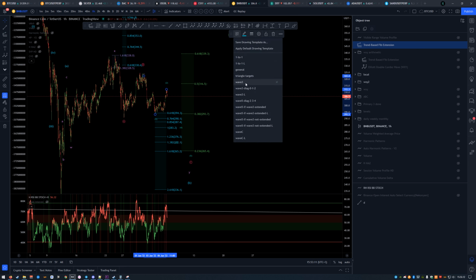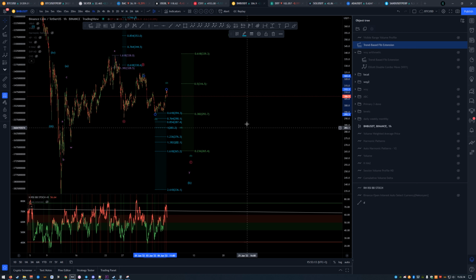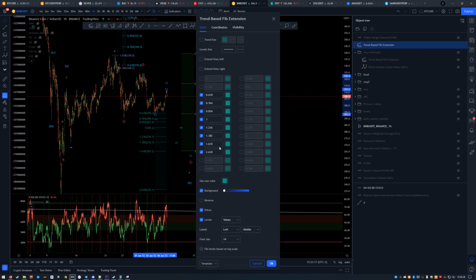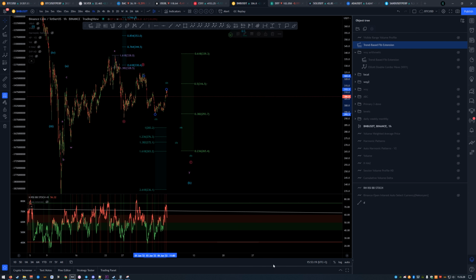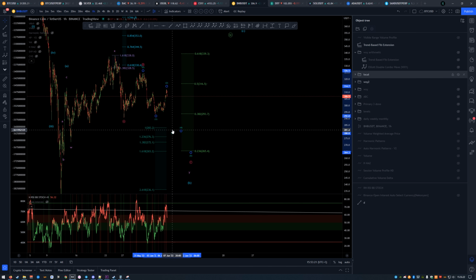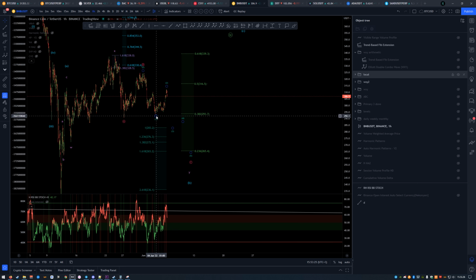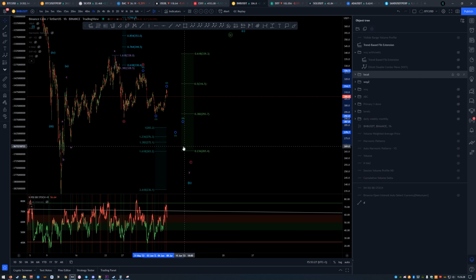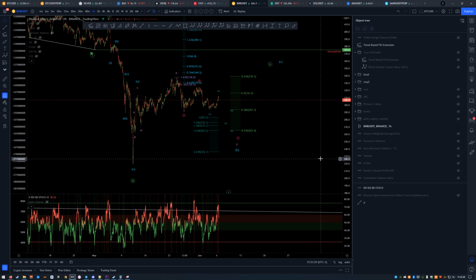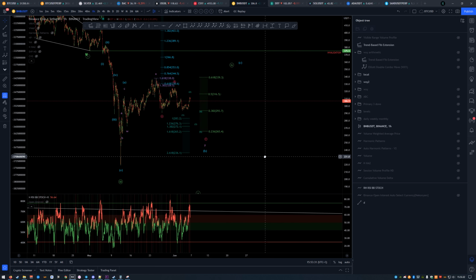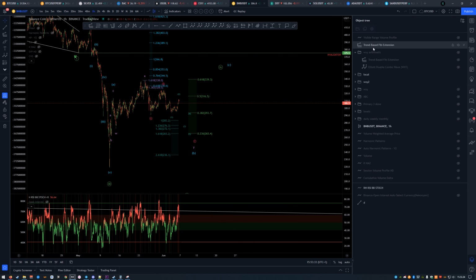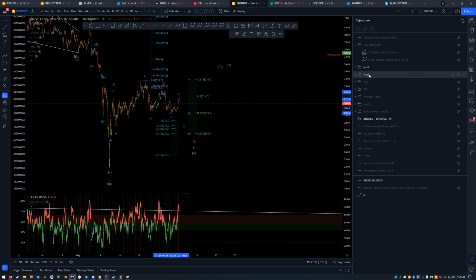So I would actually think that we would almost like to see these wave C targets starting from the 1-to-1 extension going higher. So from here on out, as long as wave 4 does not get to the area of wave 1, I would be considering this fine as a structure. What else? That's pretty much all there is to it.